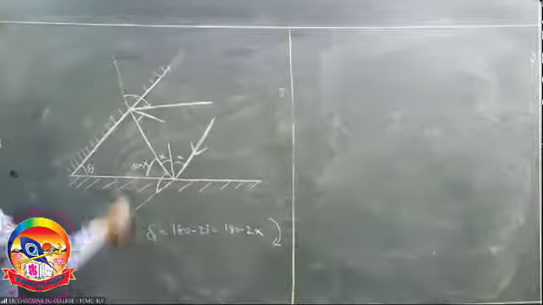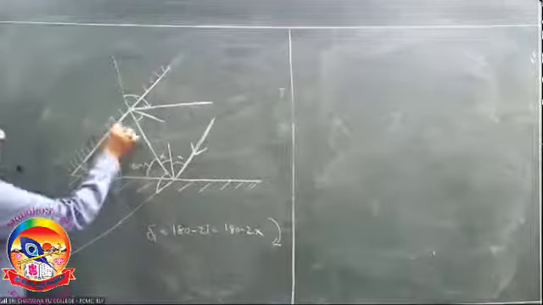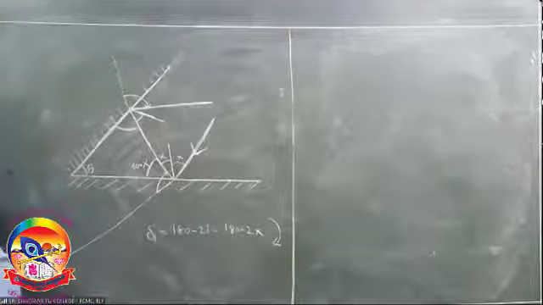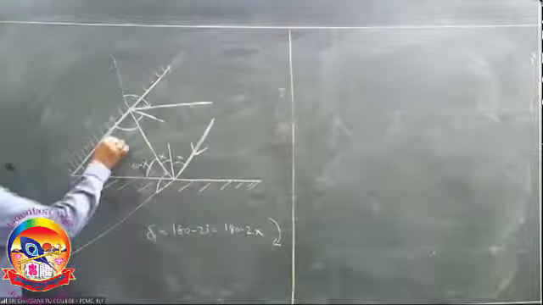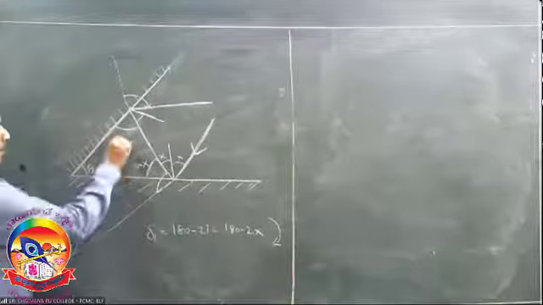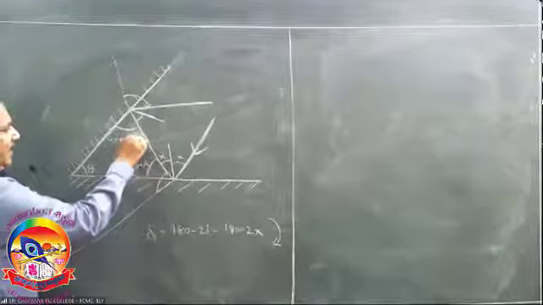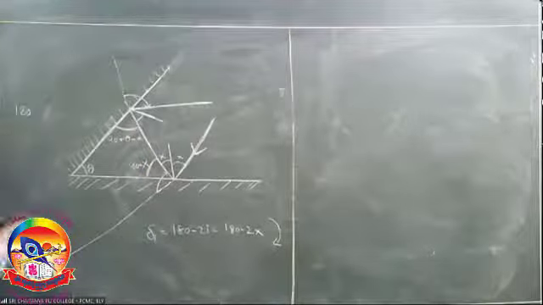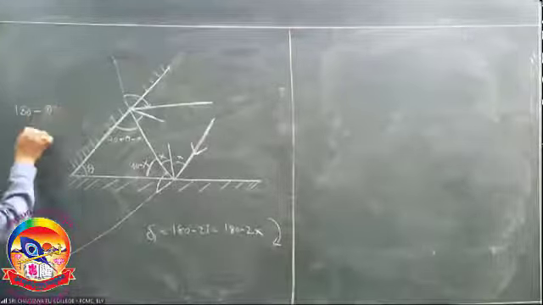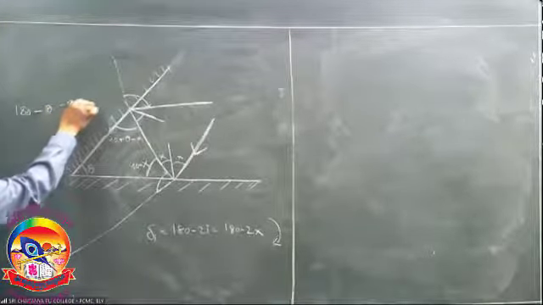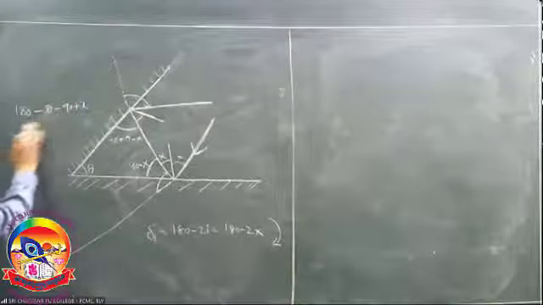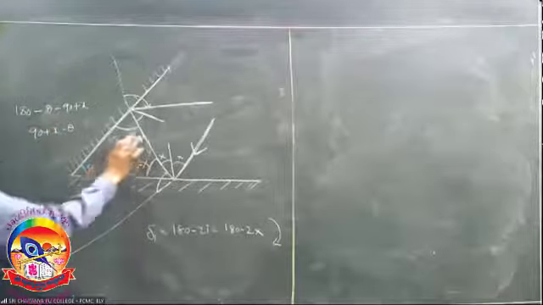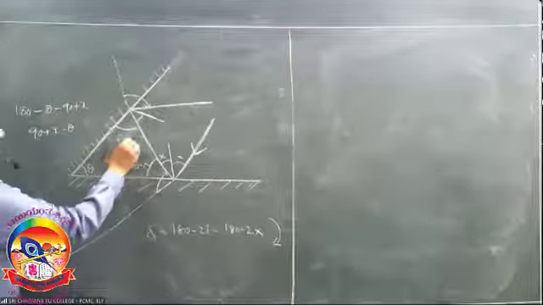This is 90 minus x. What will be this angle? The total angle must be 180. So 90 plus theta minus x, and 180 minus that gives 90 plus x minus theta.